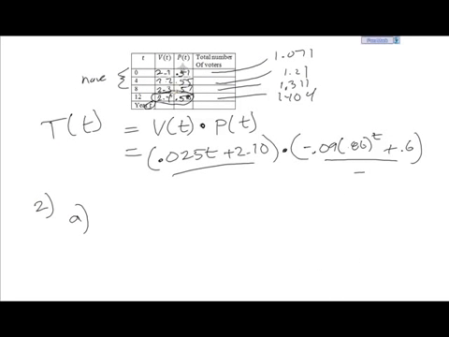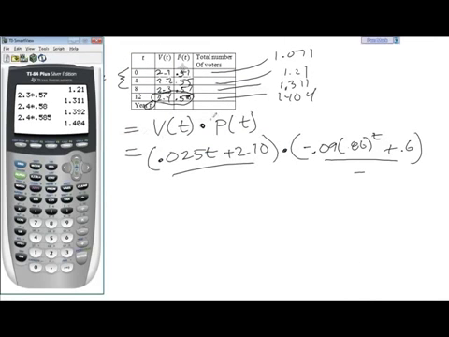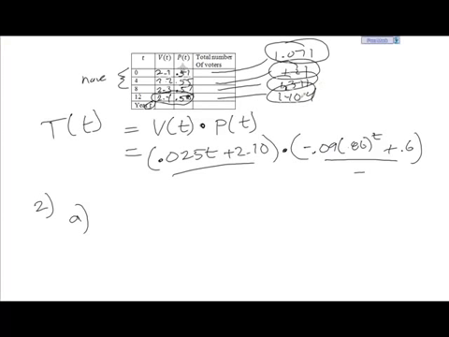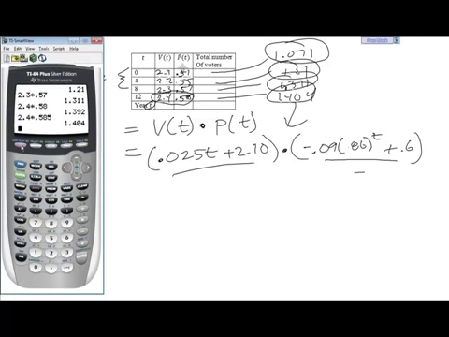in 2008. Well, just to verify to ourselves that this function gives us the same outputs, that these totals actually come out of this, we're going to plug this new equation into our y equals, because that's really what we want. We want the total number of people. 0.025x plus 2.1, open parenthesis, times negative 0.09 times 0.86 to the x power plus 0.6, close parenthesis.